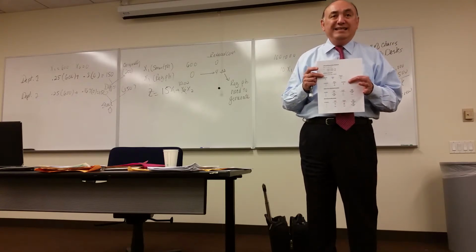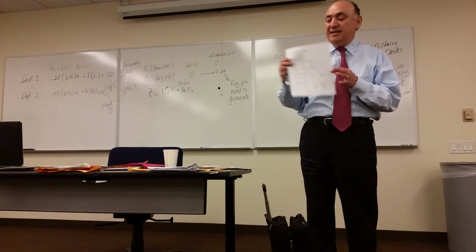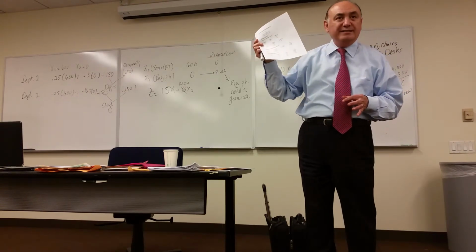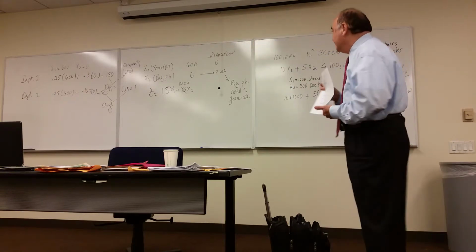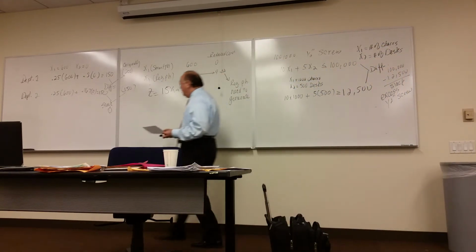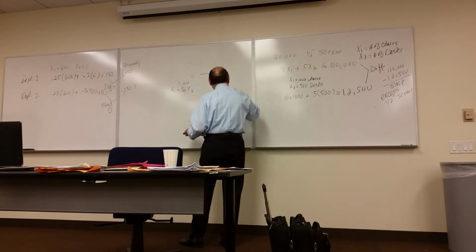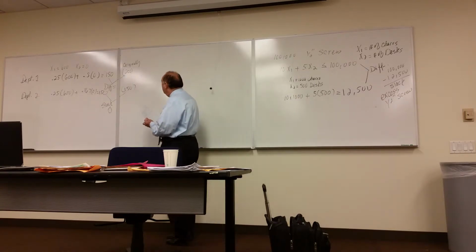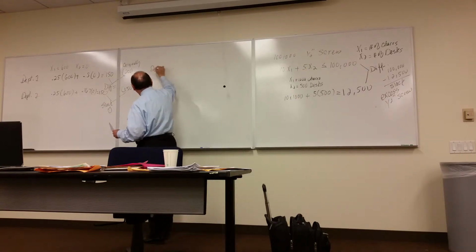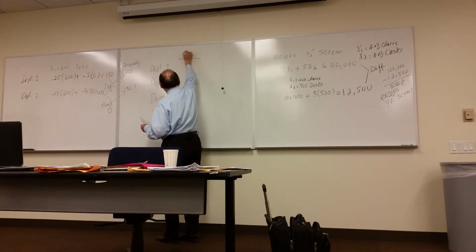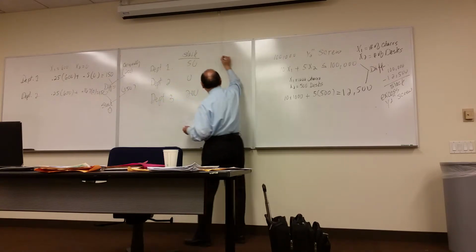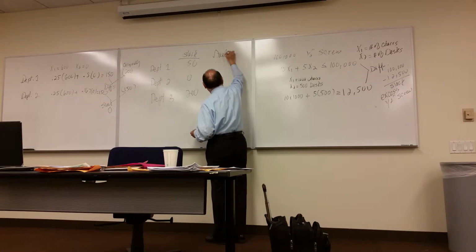Now, one of the last things before we leave is that column that says dual prices. Do you see that? When you're looking at your slacks, Department 1, Department 2, Department 3, slacks of 50, 0, 200, and then the dual price.